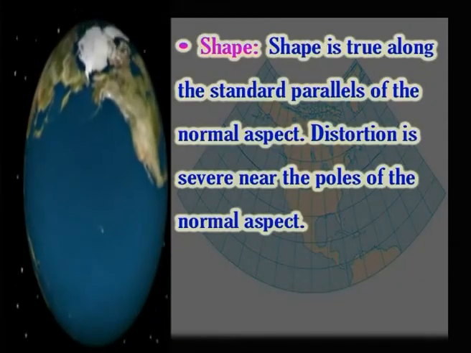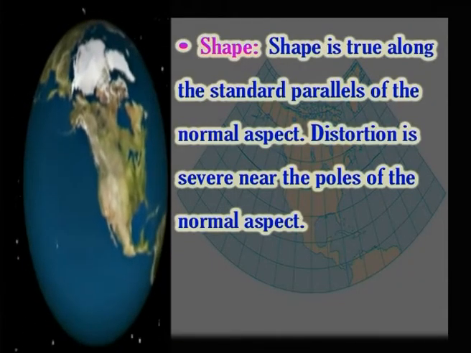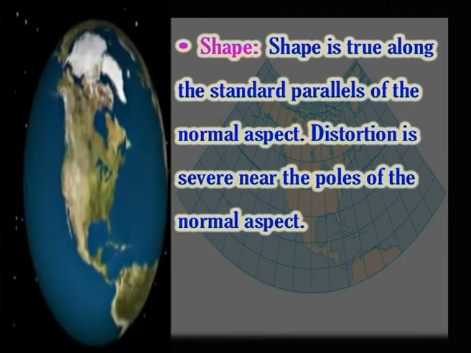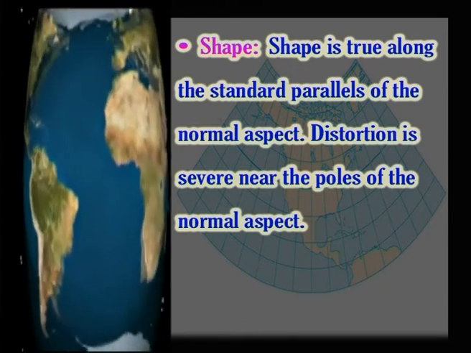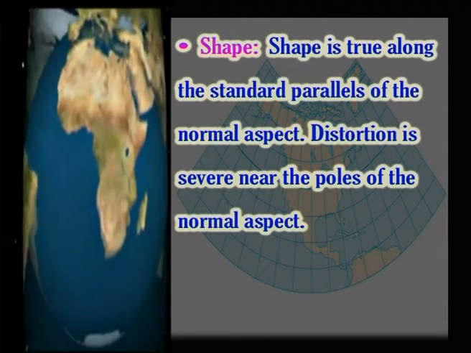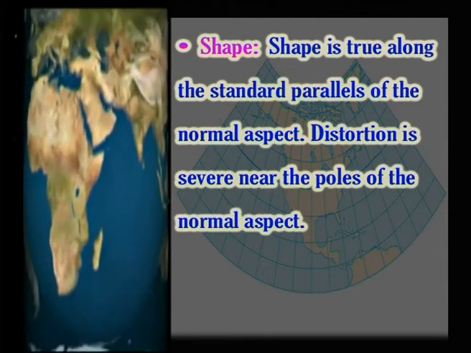The properties of cylindrical equal area projection are the shape, area, distance and direction. The shape of the cylindrical equal area projection is true along the standard parallels of the normal aspect. Distortion is severe near the poles of the normal aspect.